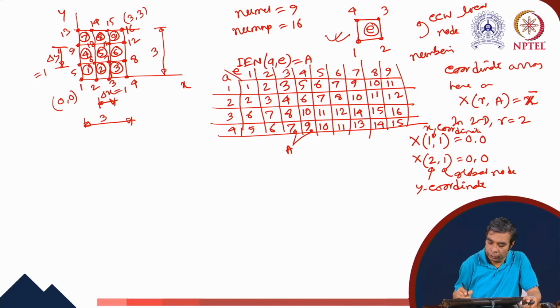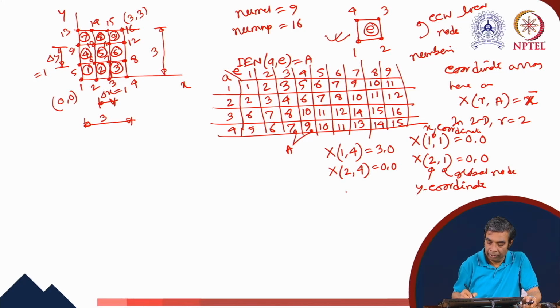Like this, we can construct it. If we think of the fourth global node, the x coordinate is 3, and for the same node the y coordinate is 0.0.